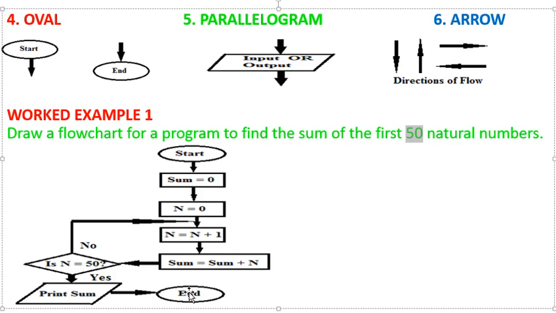So let us try to understand this very well. Let me say it once more. We are asked to draw a flowchart that can be used to show the procedure of writing a program, and that program is expected to find the sum of the first 50 natural numbers.